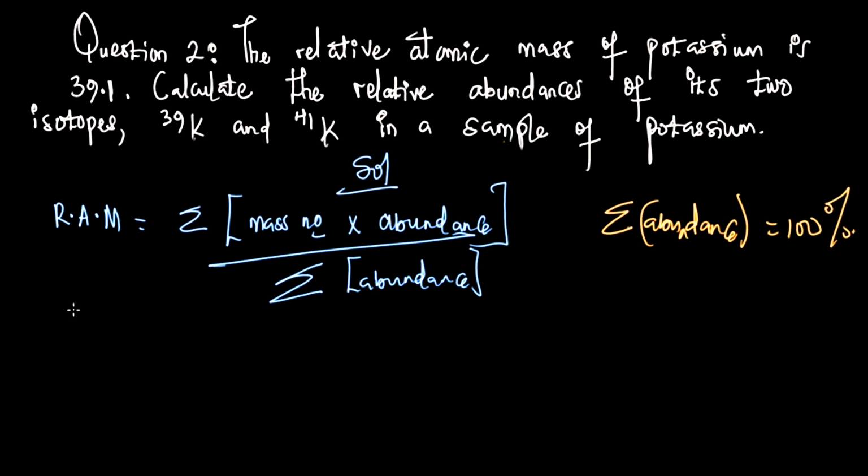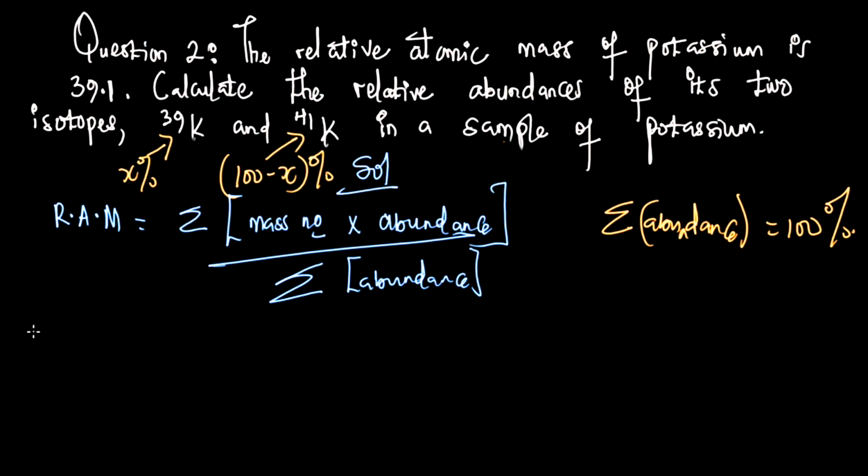So we can see that for this isotope, let's assume its abundance is X%, and let's assume the abundance of this isotope is 100 minus X percent.